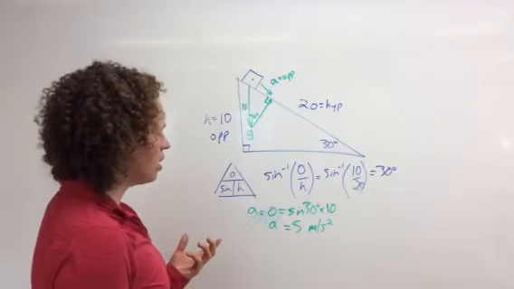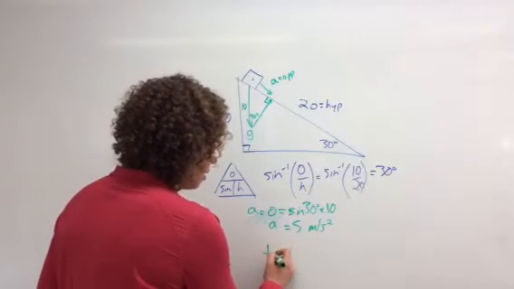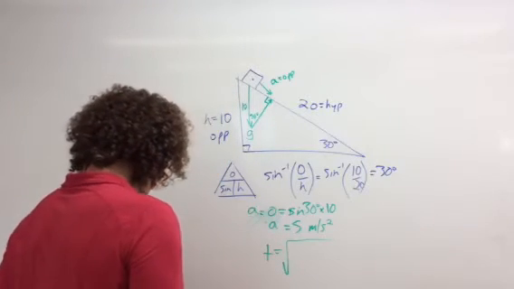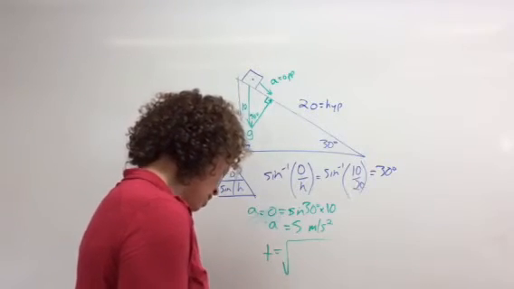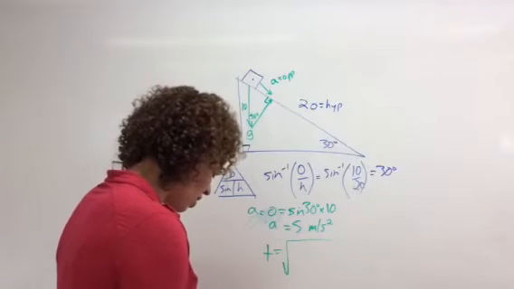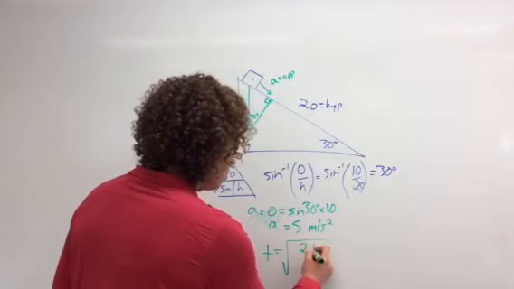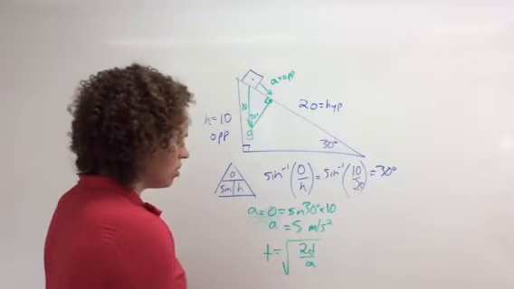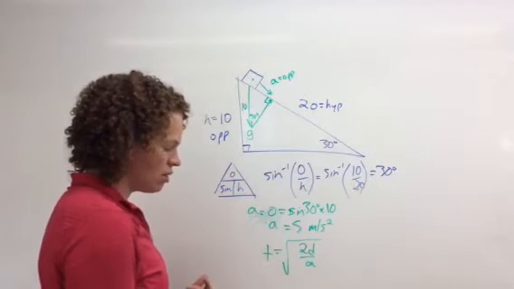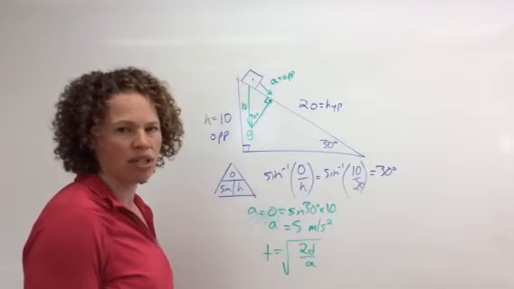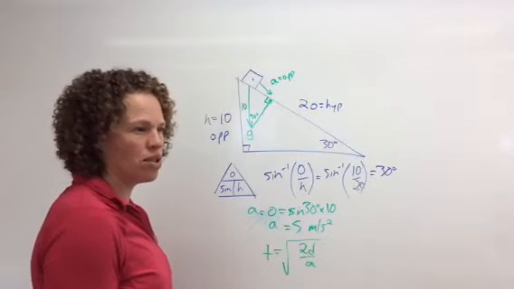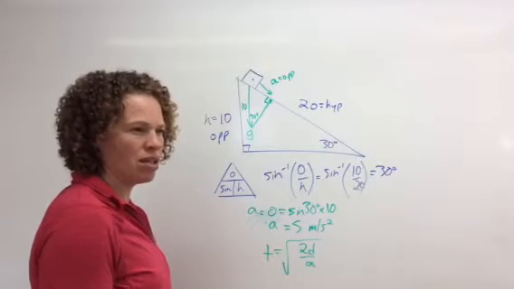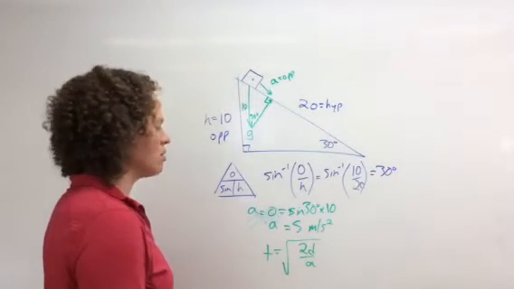So we've got our acceleration, and then they give you this handy little derived formula for time, and you've already used that once, so it's square root of 2d over a, and that's just a derivation of the d equals v initial times t plus 1/2 at squared that we would have used in, actually I think we use it a little bit in science 10 and then again in physics 11, physics 12.